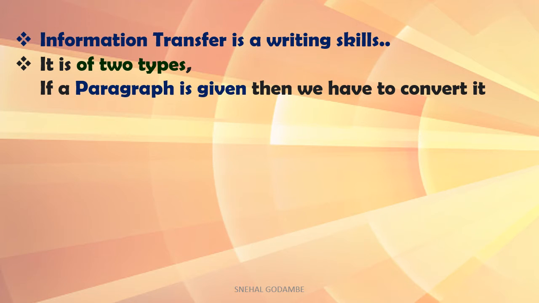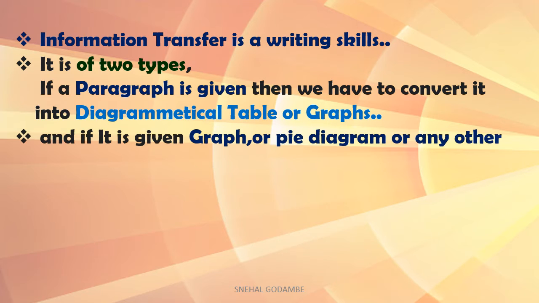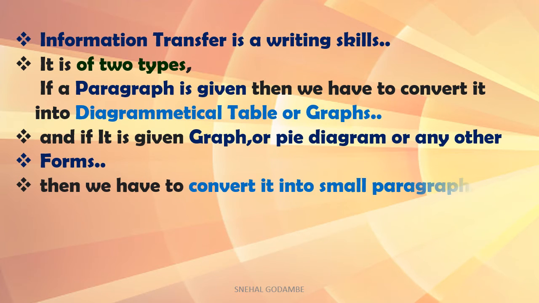If a paragraph is given to us, then we have to convert it into diagrammatical table or graphs. Okay. In one case, paragraph is there in front of us and they will be asking us to convert it into the diagrammatical table or into graph forms, or it is given in graph or pie diagram or any other forms and then we have to convert it into a small paragraph.